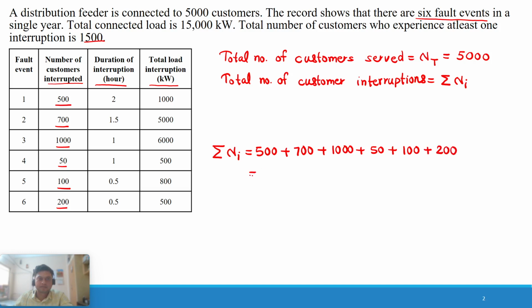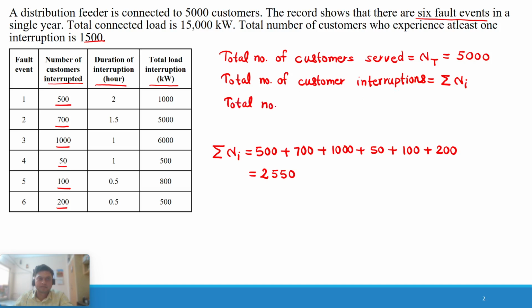So this will give you 500 plus 1200 plus 2200, and then it will be equal to 2550. So this is the total number of customer interruptions.